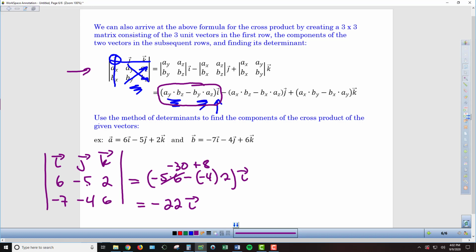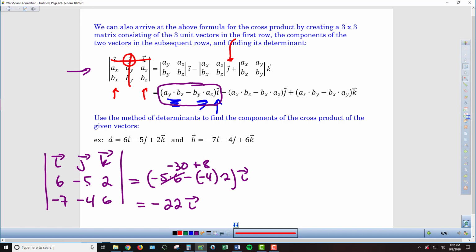So then we continue on with the formula. Now I'm going to cross off that same top row, but now I'm going to cross off the middle column. The overlap of those two is the J that's under there. If we mentally eliminate that central column, I have a 2x2 matrix left behind again.